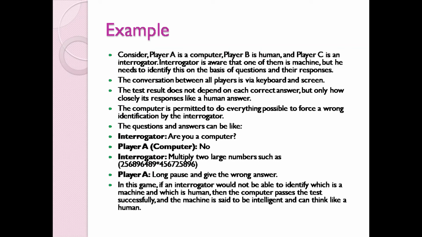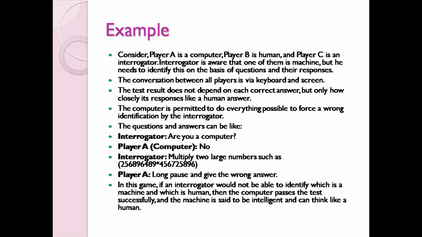So if the computer displays a correct answer for the large multiplication, then the interrogator can easily identify it as a computer. So player A wants to behave like a human, so it gives a long pause and then gives the wrong answer so as to behave like a human.